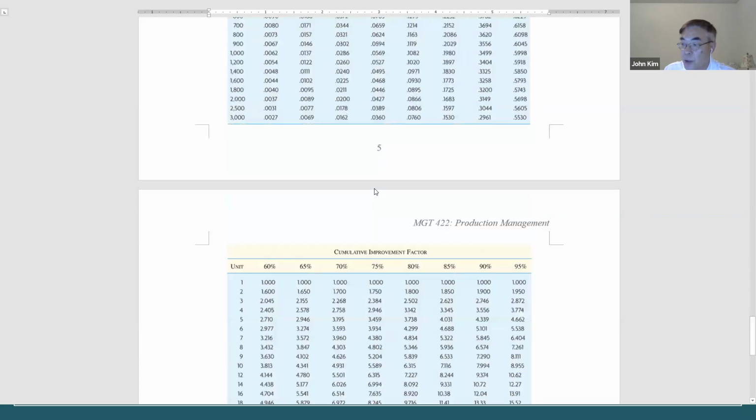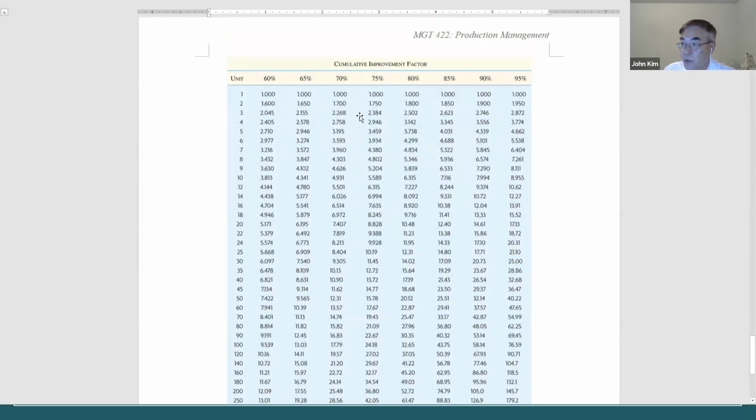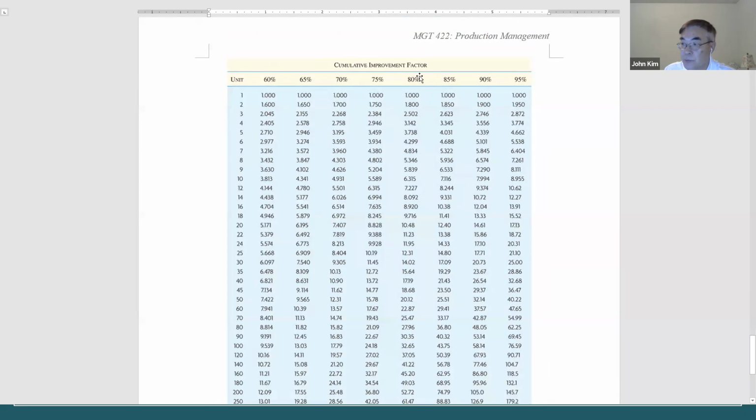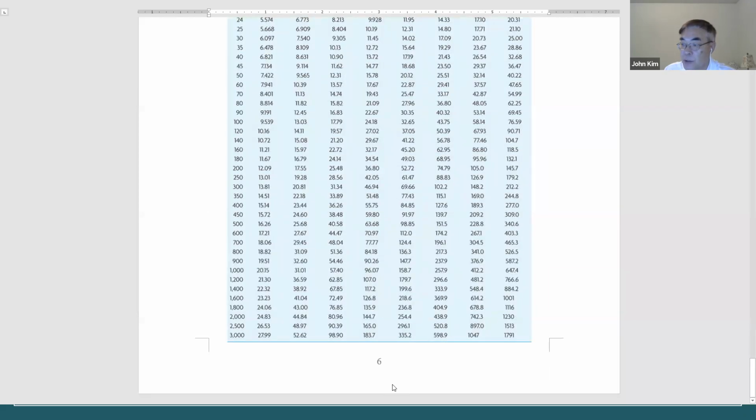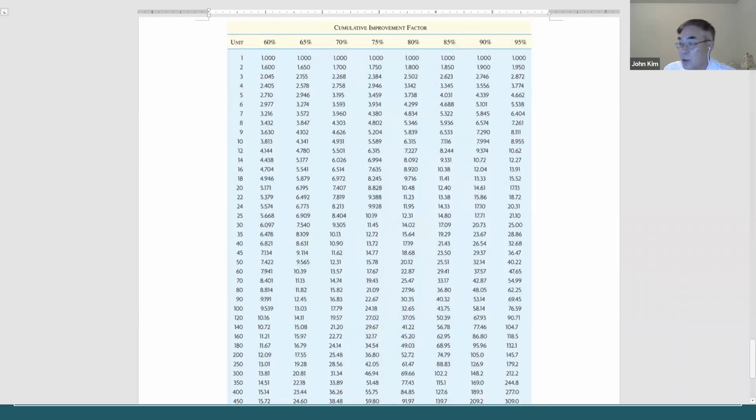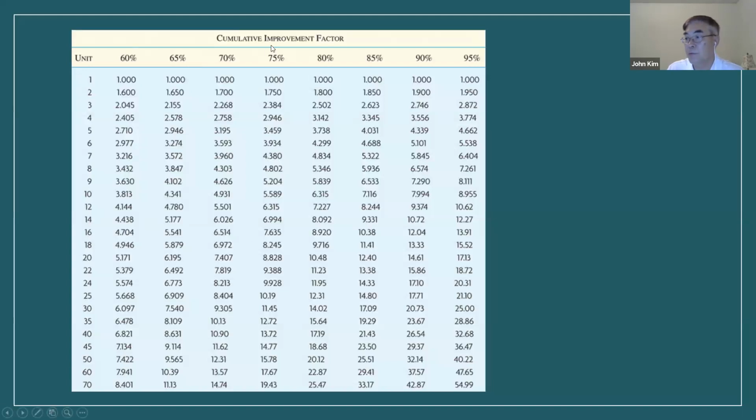But if we find area, then we use the cumulative factor, the second chart on page 6, the last page. From the cumulative factor chart, cumulative factor 50 at 85 is 25.51. And cumulative factor 10 at 85 is 7.116.